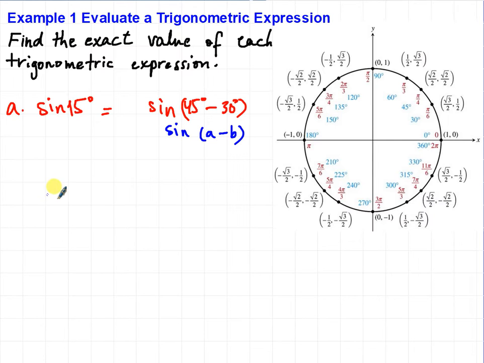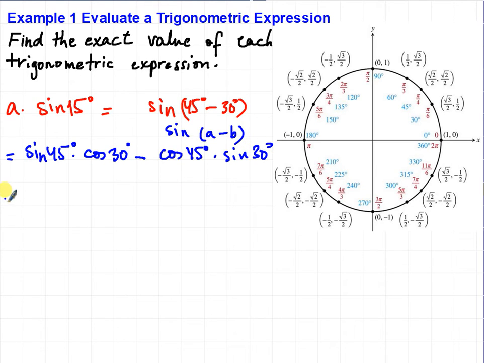So let's write this down here. Equal to sine 45 cosine 30 minus cosine 45 sine 30. Okay. Now we can use the unit circle to find the values of those expressions.